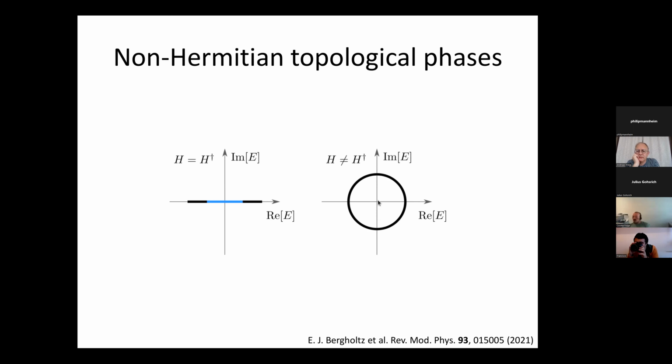Now, this point gap can also be topological. Just like in the Chern insulator, there was a gap in the bulk, and this was a topological gap. This produced boundary states throughout the gap. Here, this is a two-dimensional region of the complex plane, which is a point gap, and this can be topological as well. In which case, introducing a boundary and having a semi-infinite system would lead to a spectrum that looks like this.